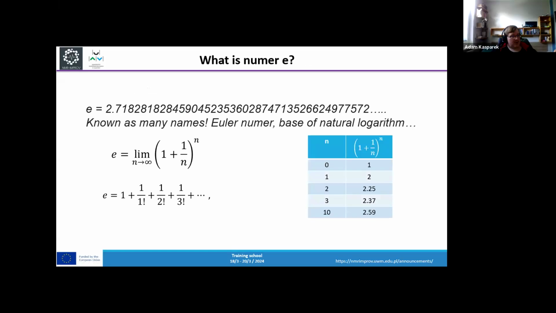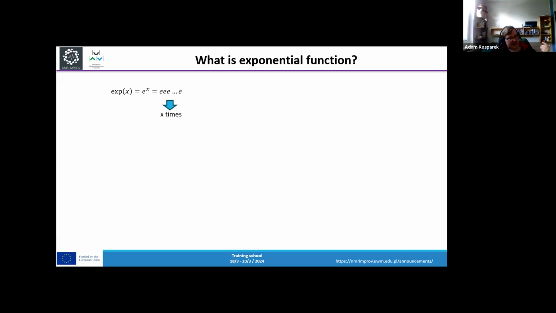Okay, so when we have this e number, our question is why we introduce it. The most important thing is that it gives us the natural logarithm and exponential functions.